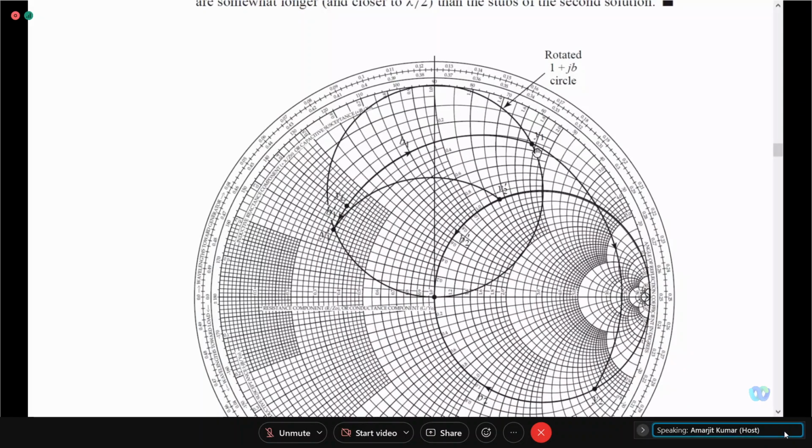Let's focus on B1 and Y1. What is Y1? What is the value of B1?